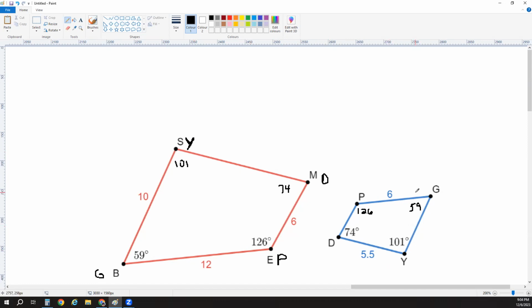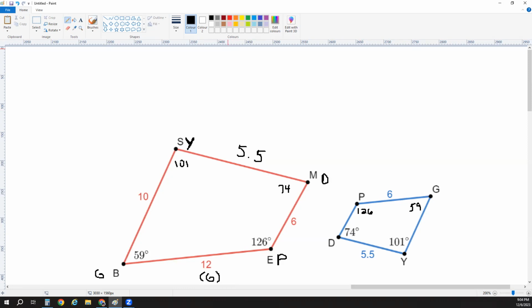So which ones do I know? I know PG, so PG is 6. DY is 5.5. Okay. So, if I'm told, let's see, what else am I told up here?